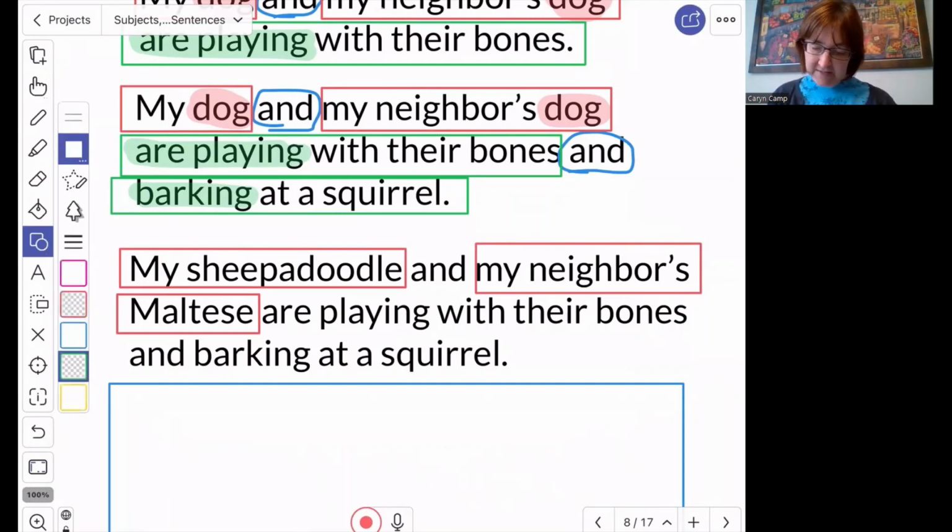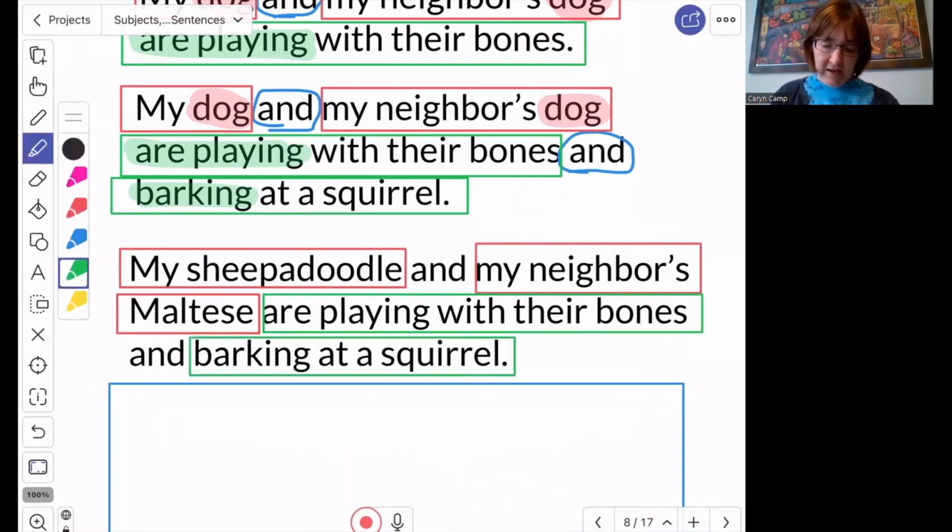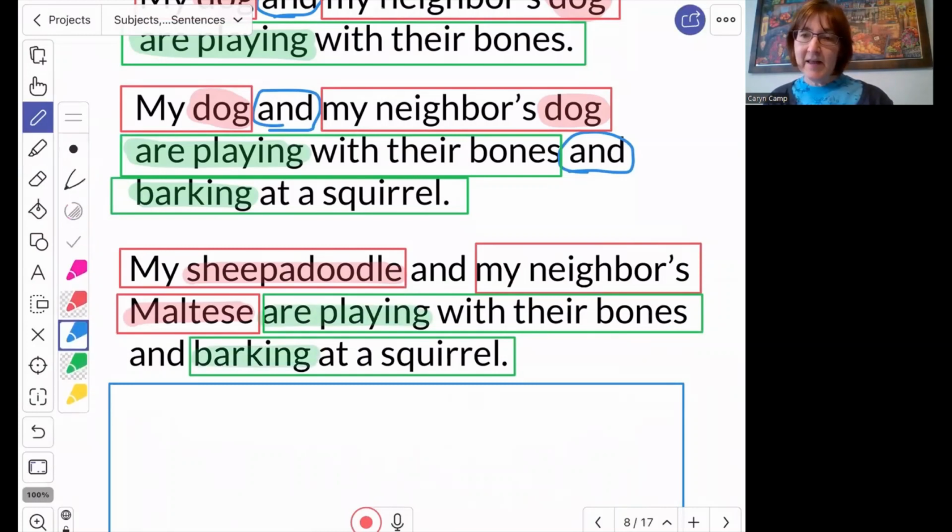And the predicates are playing with their bones, predicate number 1, and barking at a squirrel, predicate number 2. Our simple subjects are sheepadoodle and Maltese, and our simple predicates are playing and barking. And we have the and fanboys conjunction here, connecting our compound subject, and here connecting our compound predicate.